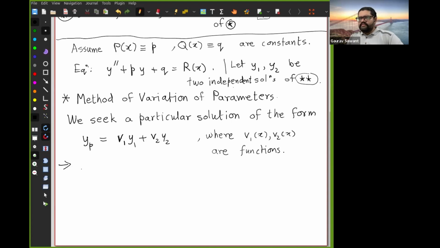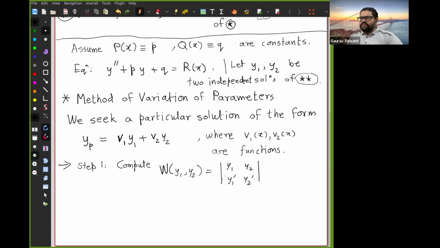There are a few steps. Step one is compute the Wronskian of y1, y2, just the determinant with rows y1, y2 and y1 dash, y2 dash.